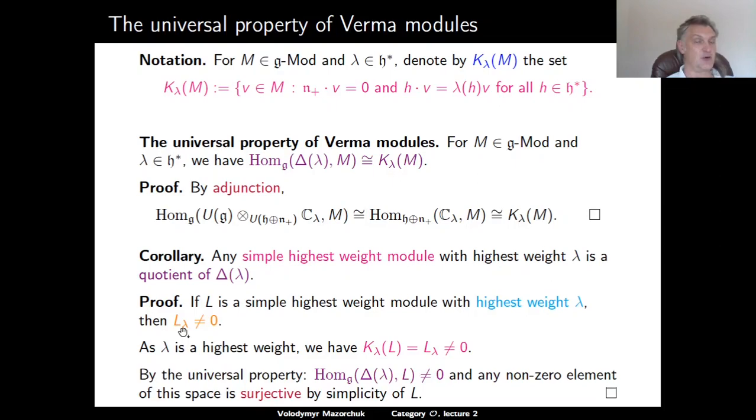By the universal property, this implies that there is a non-zero homomorphism from delta lambda to our module L, and since L was supposed to be a simple module, any such homomorphism is surjective. This means that any simple highest weight module with highest weight lambda is a quotient of delta lambda.